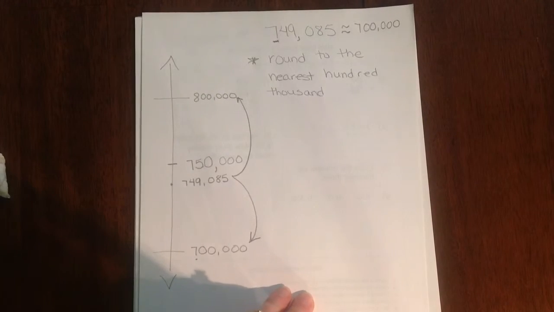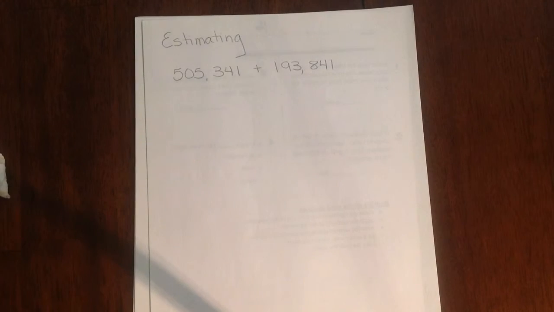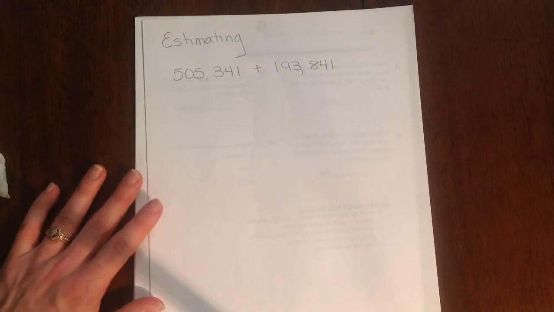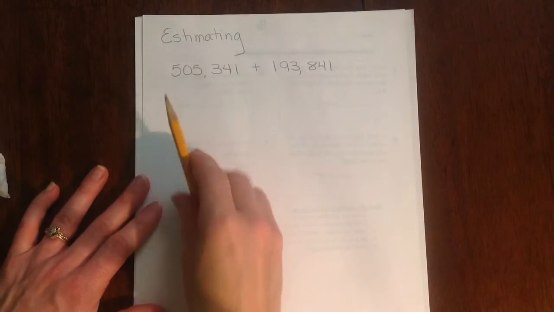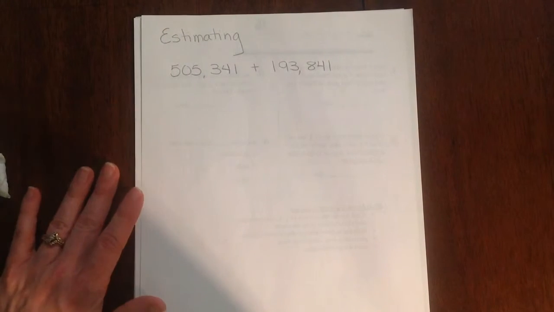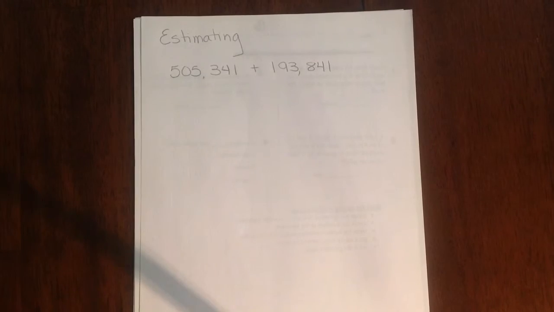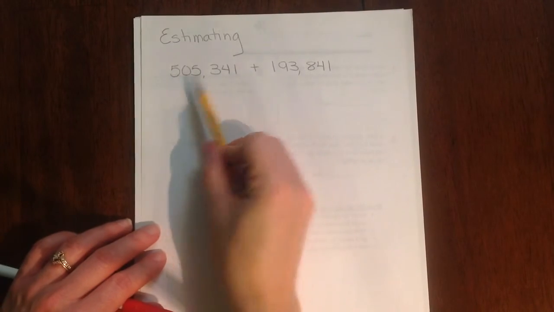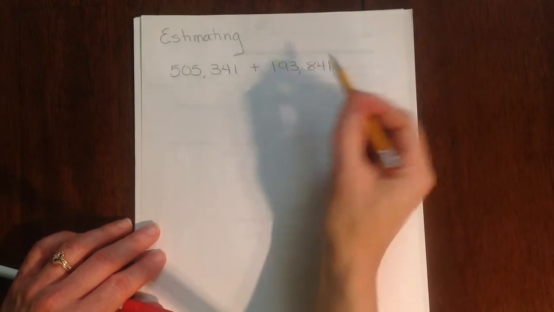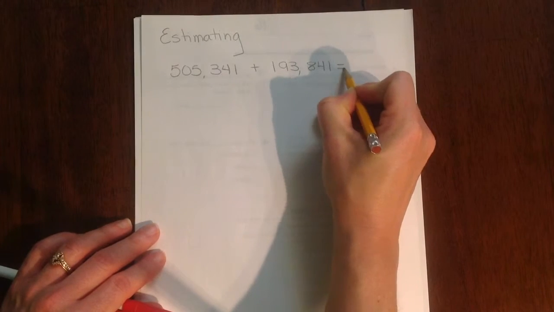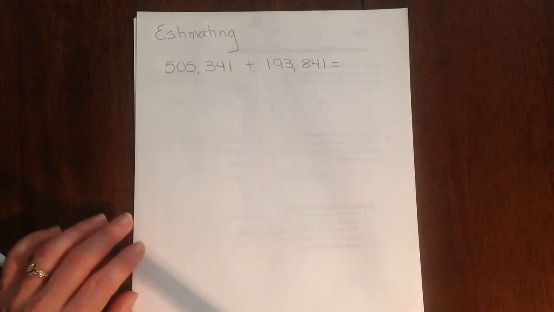All right, we're going to do one last thing. This time, we are estimating. I'd like you to go ahead and write this out on your board. Pause while you do so. Imagine I wanted to estimate what the sum was of these two numbers without actually adding them together.